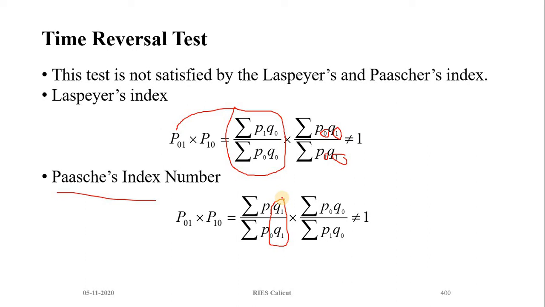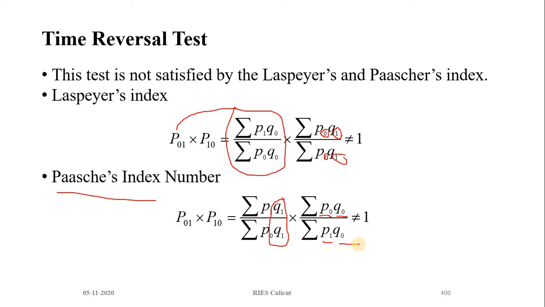Change the subscripts: P1 becomes P0, Q1 becomes Q0, P0 becomes P1. In the first, we find P01, and next we find P10. You multiply these two equations, you should get 1. If you are getting 1, then the time reversal test is satisfied. If you are not getting 1, then this test is not satisfied.